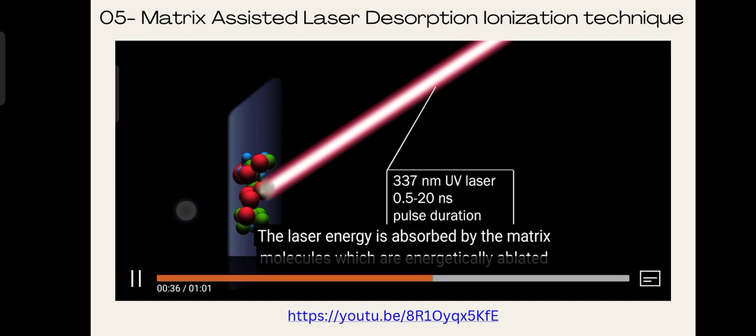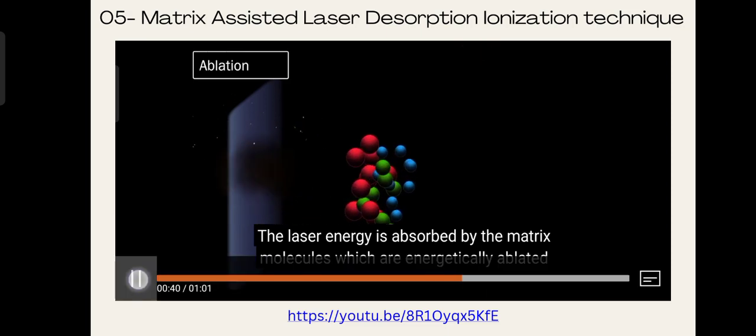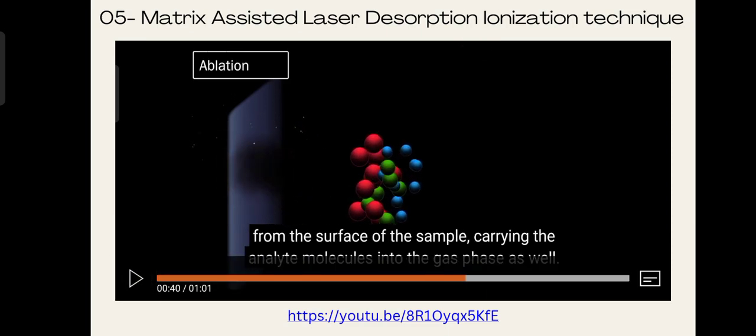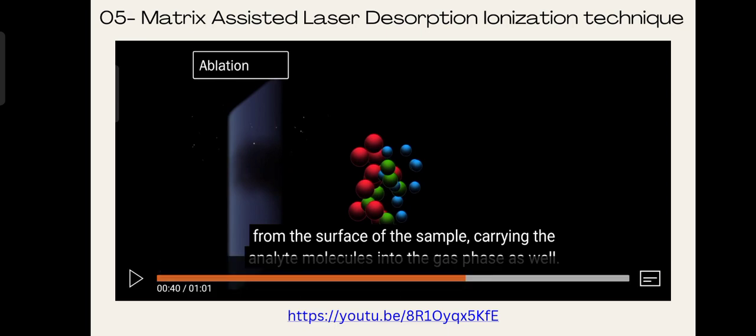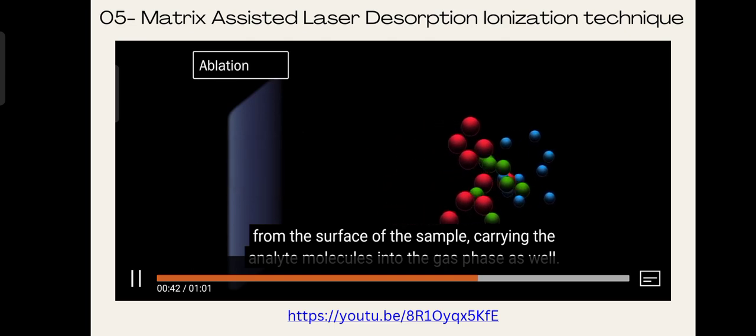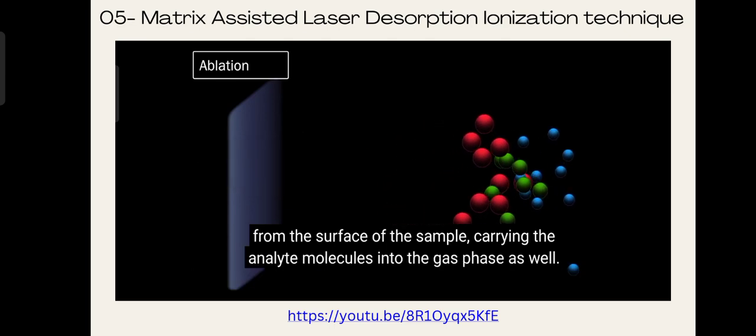Now this sample matrix mixture is placed at the source region inside the spectrometer where it is introduced to UV light of a specific wavelength. The laser energy is absorbed by the matrix molecules, which are energetically ablated. Because of the UV light absorbed by the matrix molecules, it causes the ablation or desorption of the matrix and the analyte molecule from the surface of the sample, carrying the analyte molecules into the gas phase as well.